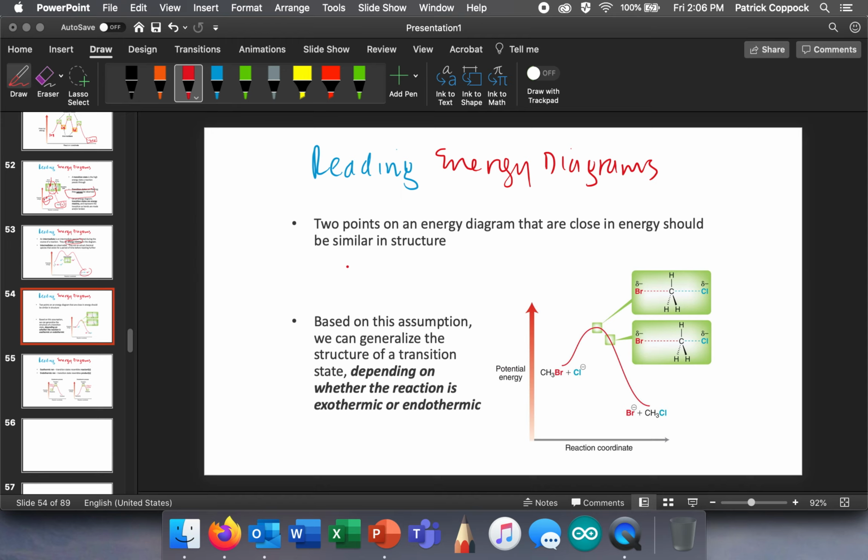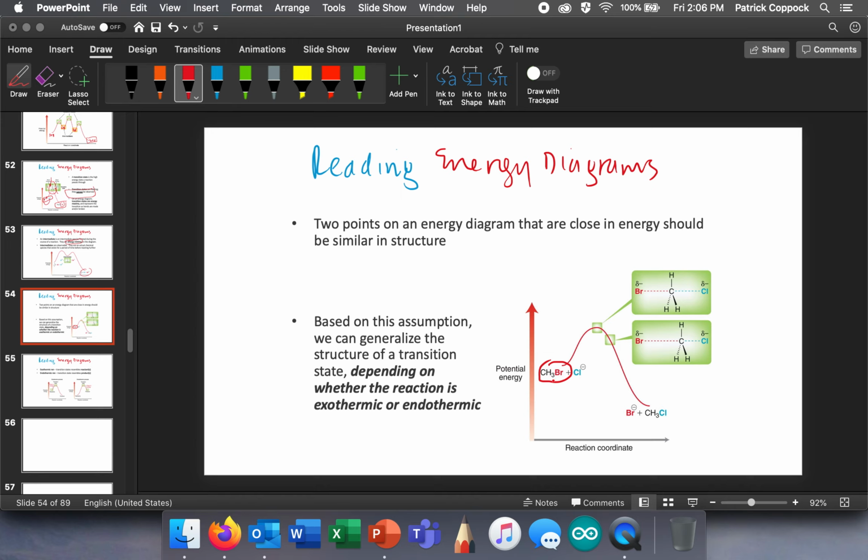Now, I'd like to point out that the transition state is going to look more like the product or reactant that is closer to it. You can't tell by this picture here. This picture should probably be slightly different.